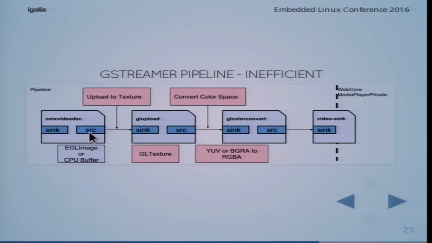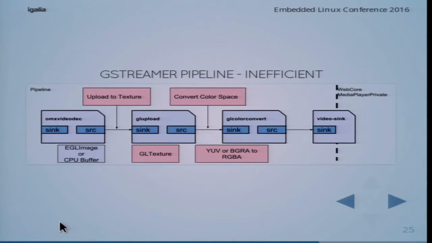The OpenMAX video decoder decodes its contents into an EGL image or CPU buffer. That means when we are using GStreamerGL, which uses OpenGL ES or OpenGL to manipulate the video frame, we should upload the texture.